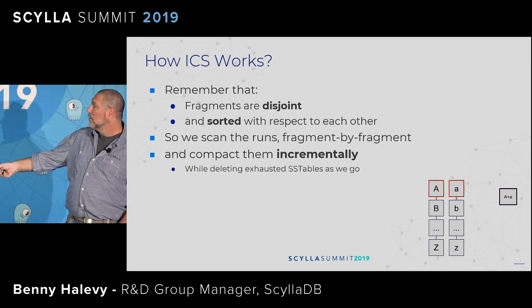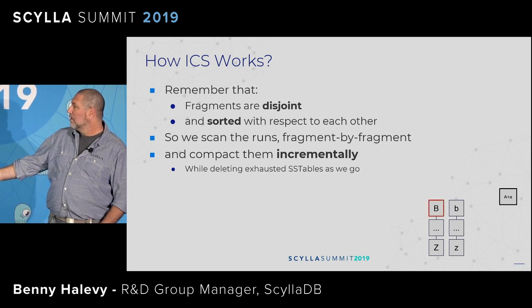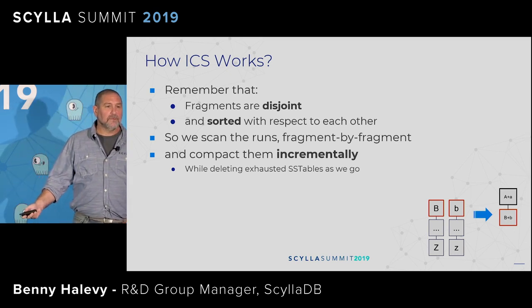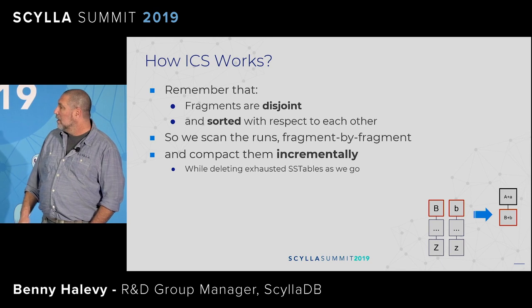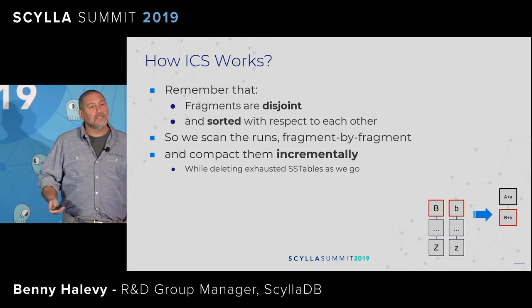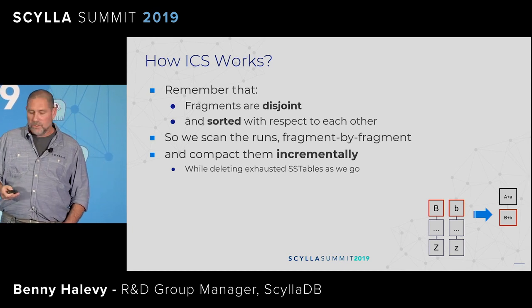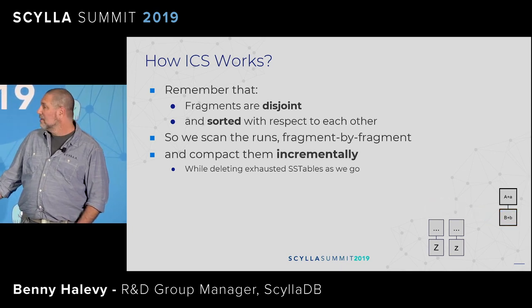And when doing so, we can delete these fragments, and so on and so forth. The important part is that we can eliminate the fragments as soon as we compact them. In contrast to STCS, this allows us to free up space gradually as we go. That's the main secret behind ICS.